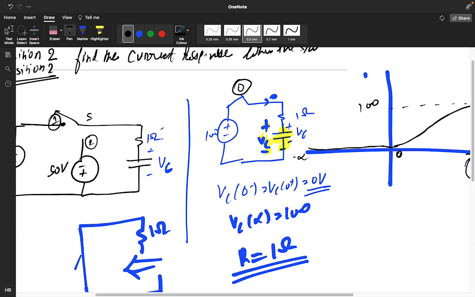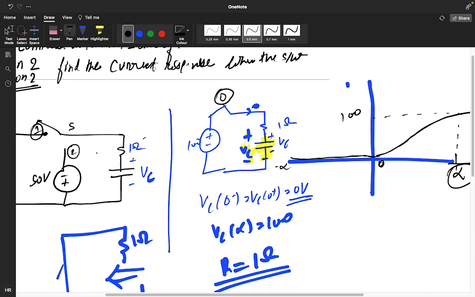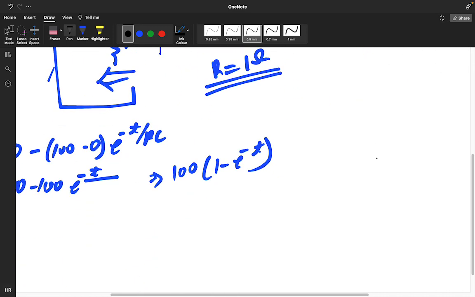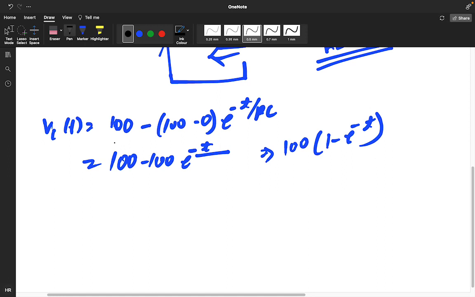We are again switching after what second? After 1 second. So after 1 second I am again switching, and I have to get this value. Okay, so put the value: Vc1 is equal to 100 minus 100 e power minus 1.